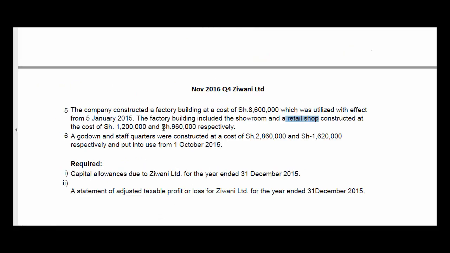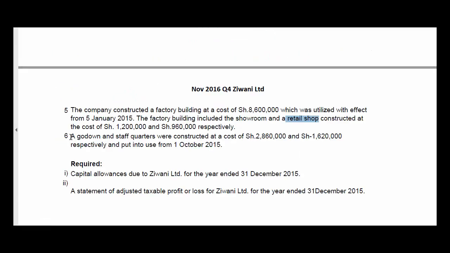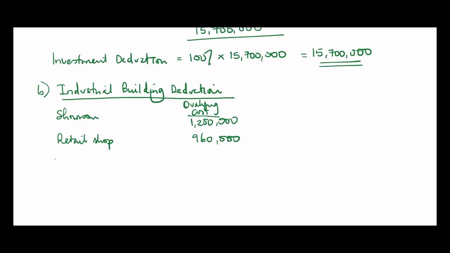And we also have a retail shop, 960,000. Let's read through and see whether we have other aspects. Note number 6, yes, we have. It told that we have a go down and staff quarters. The go down is 2860, staff quarters 1620.